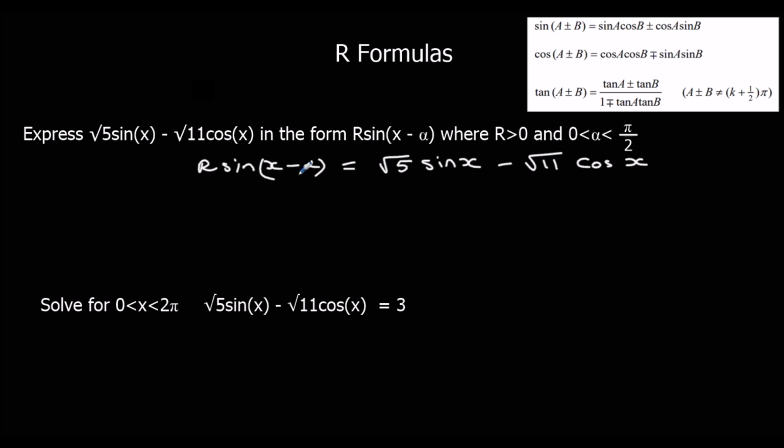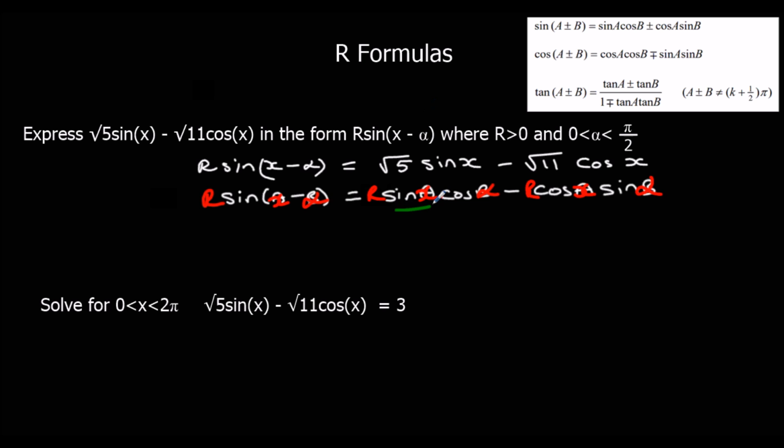So it's sine minus, so we're using sine A minus B. And that original formula, sine A cos B minus cos A sine B. Change A to X, change B to alpha, and multiply through by R.